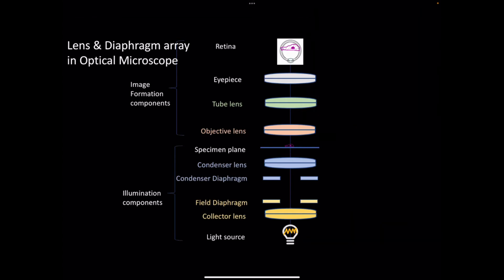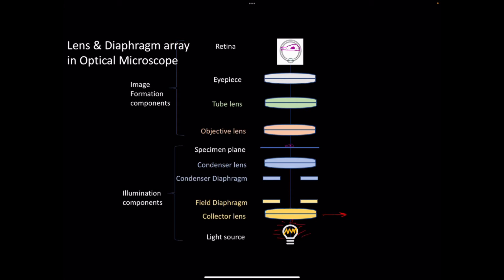But before that, let us see how all the optical arrangements are done in the microscope and how light from the source reaches the parts of the microscope. So here you can see a light source. After the light source, you can see a collector lens. As I said before, the light source will emit light in all different directions.